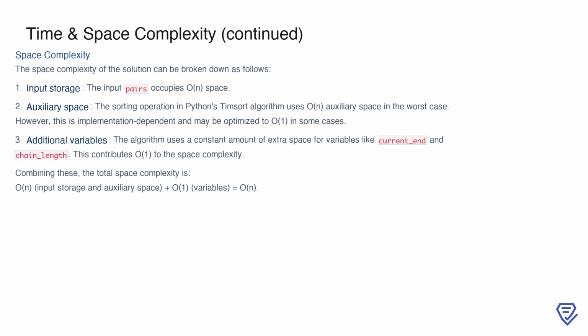Finally, the algorithm itself uses only a constant amount of extra space for variables like current_end and chain_length, which contributes 1 to the space complexity. When we combine these factors, the total space complexity is n for the input storage and sorting, plus 1 for the additional variables. This simplifies to n.